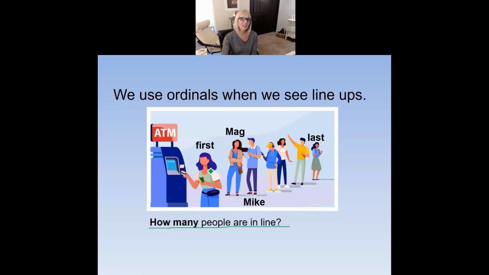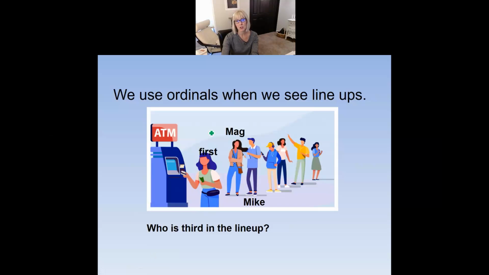Well, I need to count to answer how many. This is a cardinal number. 1, 2, 3, 4, 5, 6, 7. There are 7 people in line. That was a cardinal number.